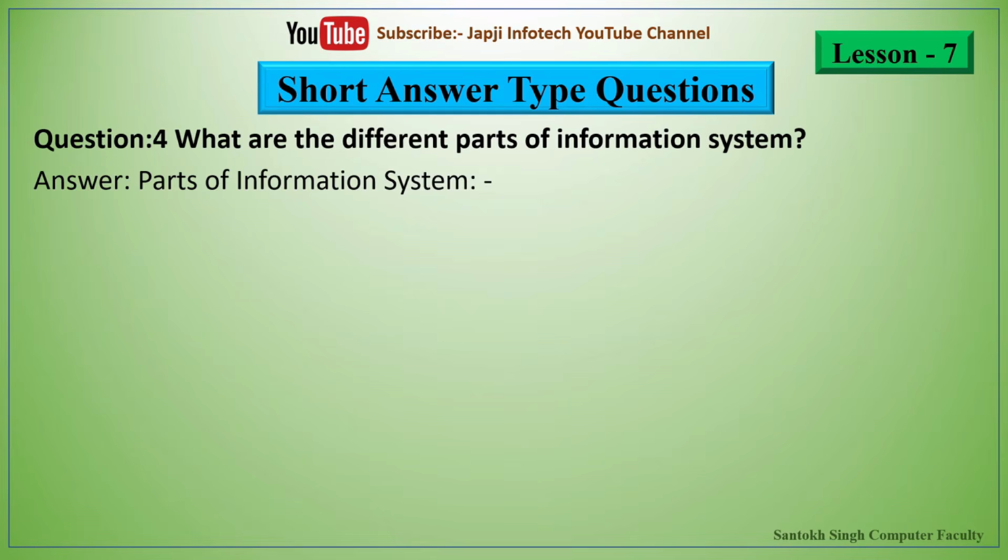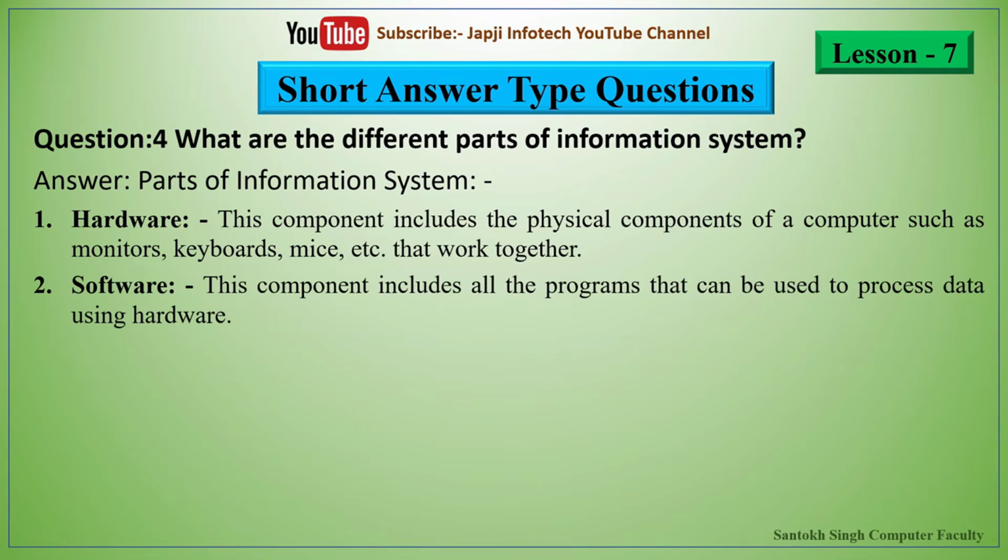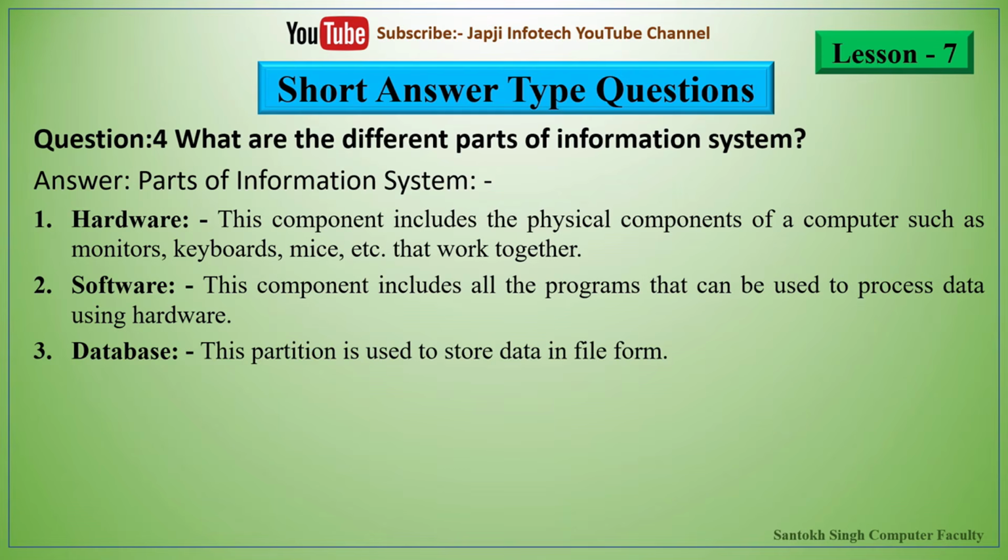So the parts of information system are, the first one is hardware. This component includes the physical components of a computer such as monitor, keyboard, mouse, etc. that work together. And second one is software. This component includes all the programs that can be used to process data using hardware. Third one is database.